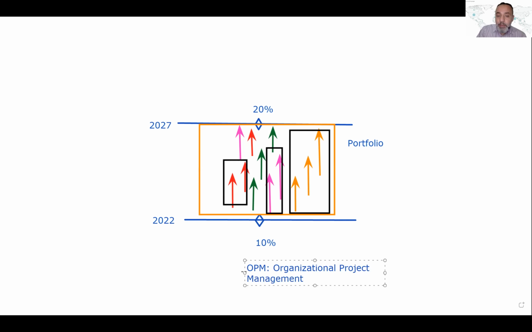So basically the organizational project management is using project management along with program management and portfolio management in order to achieve strategic objectives, in order to advance the business capability. Okay, does that make sense? I hope it makes sense to you.